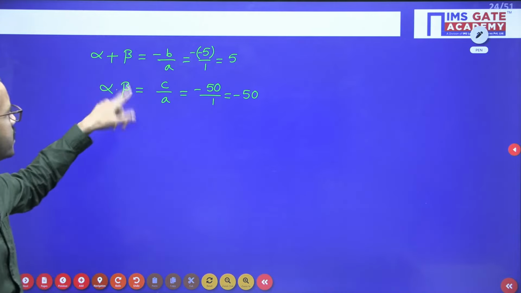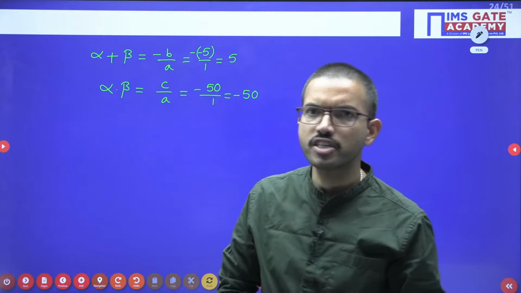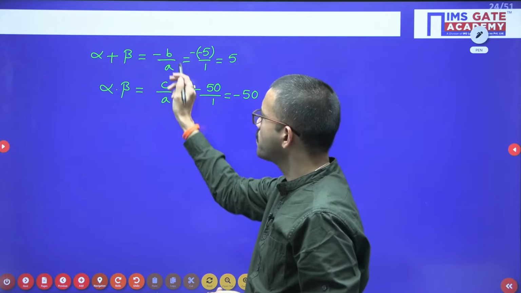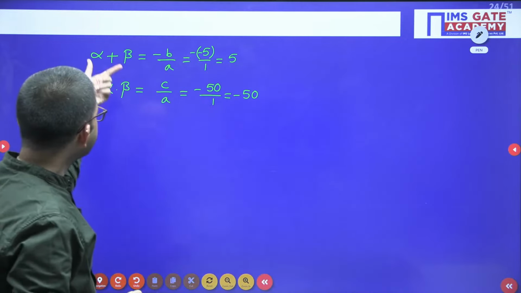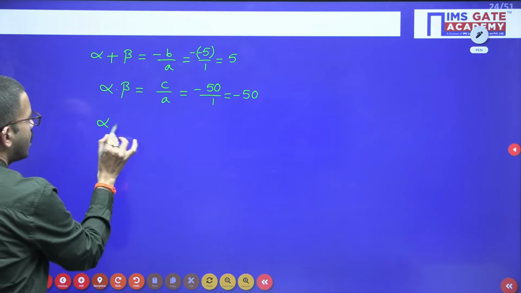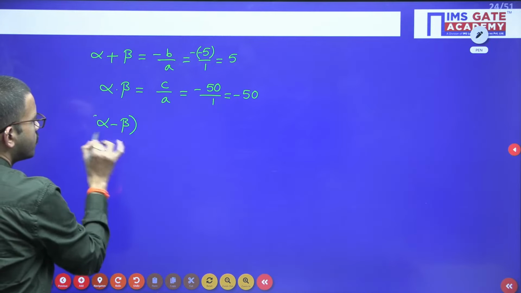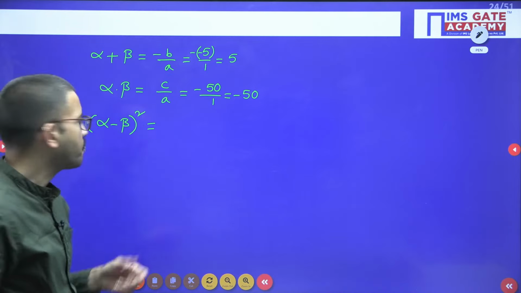I hope all of you studied how to find the sum of the roots and the product of the roots for a quadratic equation, right? Sum of the roots equals minus b by a, product of the roots equals c by a. I hope you learned this formula during your mathematics in school or intermediate.